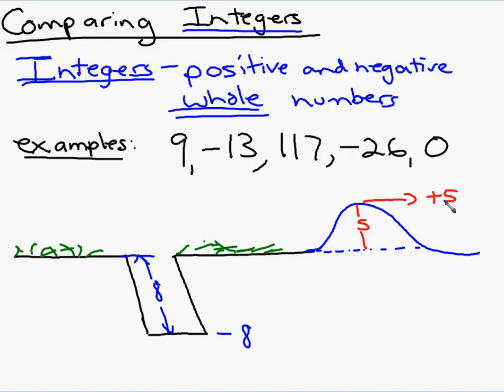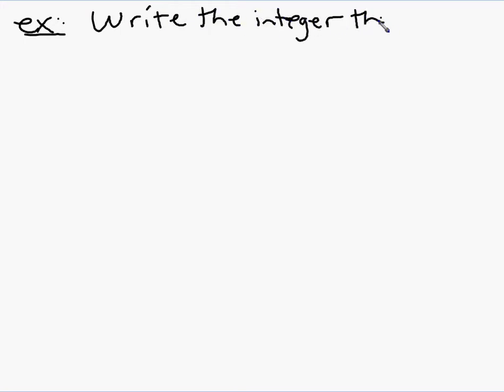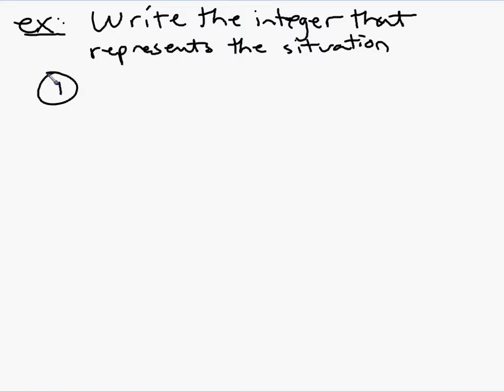So one of the first things you're going to be asked to do, for example, is they're going to say, write the integer that represents the situation. So we just talked about a hole in the ground.